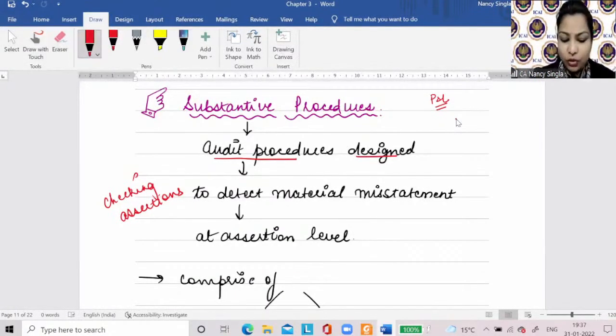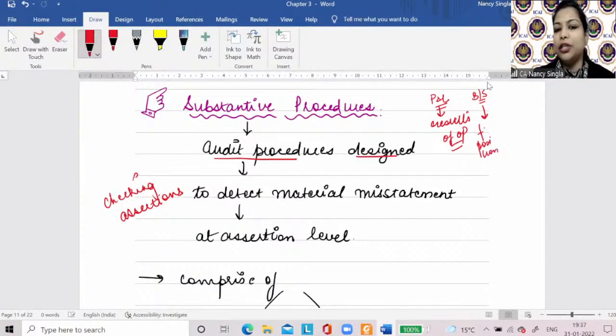So with respect to the P&L or income statement, the auditor wants to say whether the results of operations give a true and fair view or not. And when the auditor is giving his opinion on the balance sheet, he wants to say whether the financial position is properly shown or not.